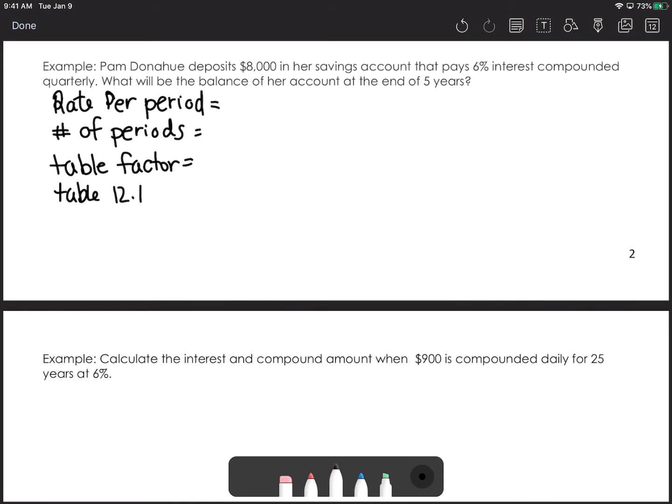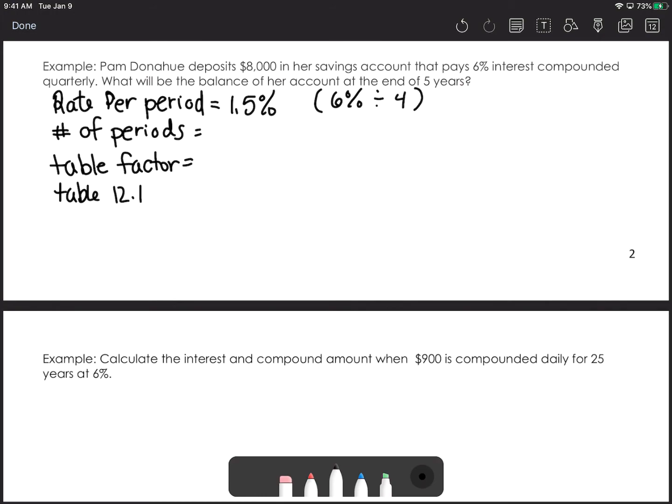Now, the interest over the entire year is 6%. Since this is compounded 4 times a year, that 6% is going to get divided into 4 periods. So if I take 6 and divide it by 4, I'm going to get 1.5%. So I'm going to make a note here that it's 6% divided by 4 because it's quarterly.